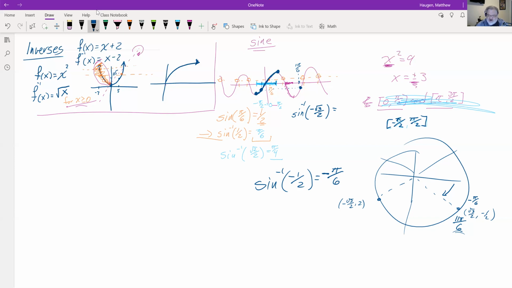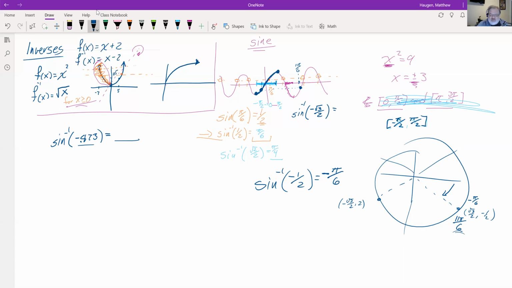Now, if it wasn't one of our nice standard angles, we could still find, say, the sine inverse of negative 0.873. This negative 0.873 is some ratio. We want the sine inverse function to tell us what was the angle that created that sine ratio.